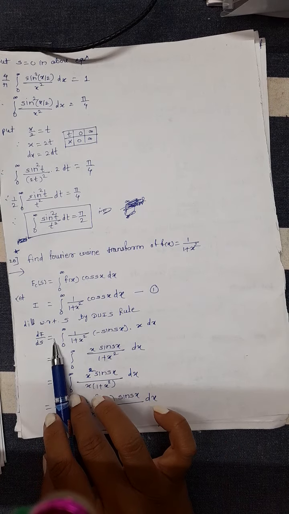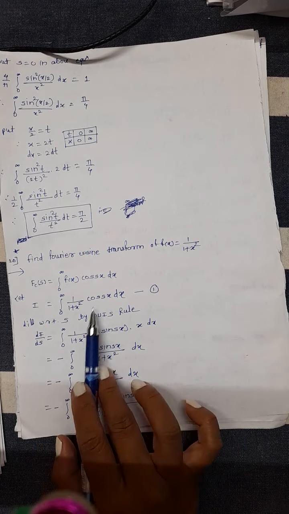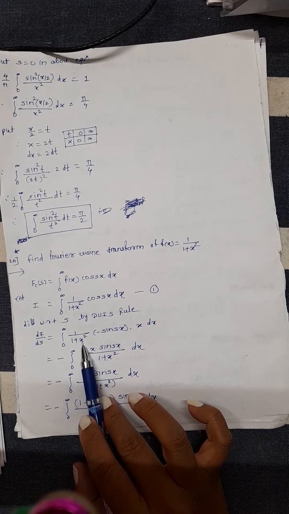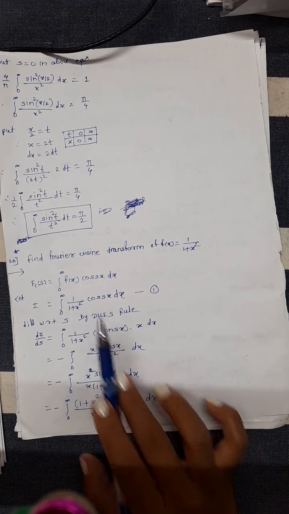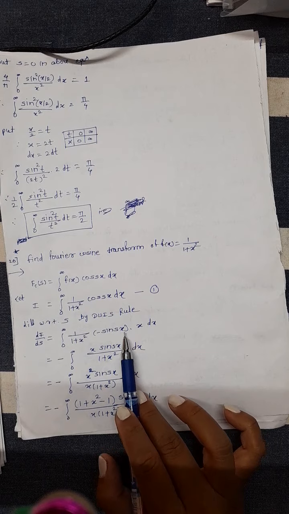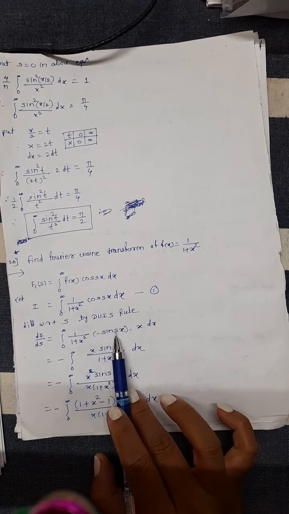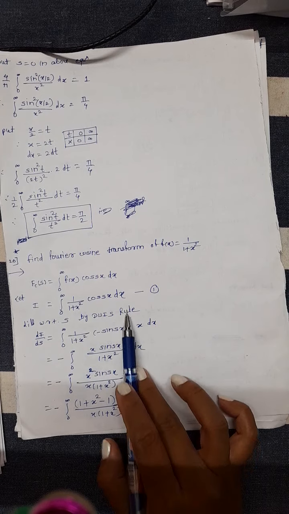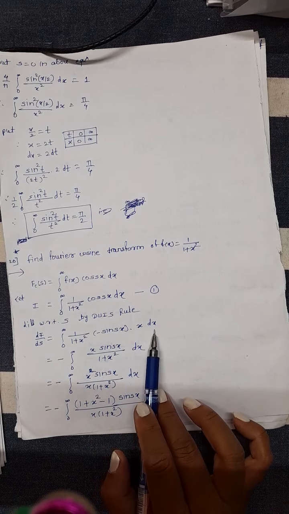We get dI/ds is equal to the derivative going inside the integration, and it becomes a partial derivative, keeping all variables apart from s constant while taking the derivative. Now this is a constant with respect to this derivative. Here s is there, so the derivative of cos is minus sin sx, into the angle's derivative with respect to s, that is x, and the integration with respect to dx as it is.